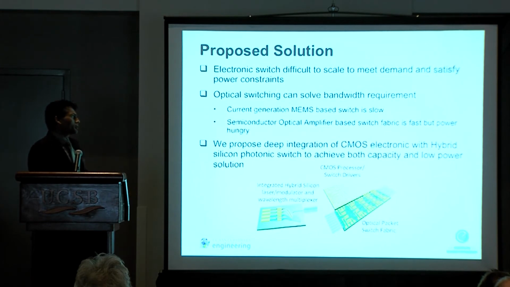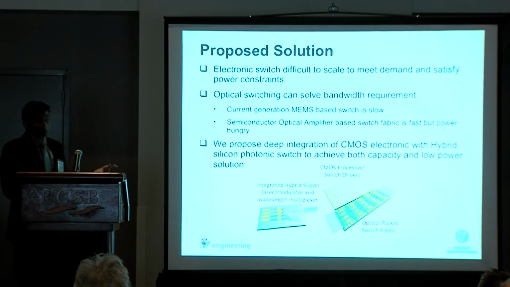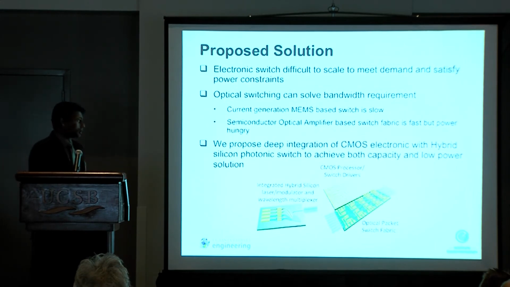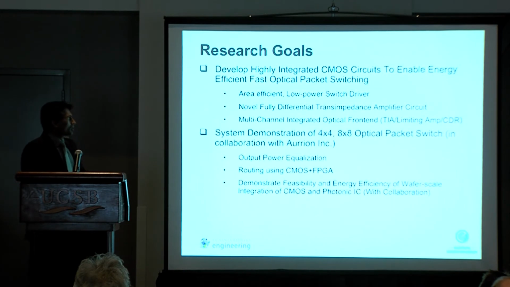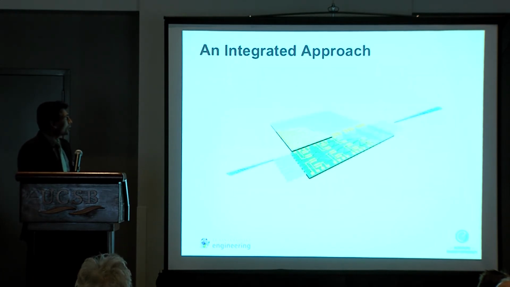So we are trying to see if we can integrate CMOS electronics with the hybrid silicon photonics that John's group does, in conjunction with Orion, a local company we work with, to see if we can do better. Our goal is to design circuits that can do fast optical packet switching and also demonstrate that we can actually switch a packet. This is in collaboration with Orion, and it is ongoing work.